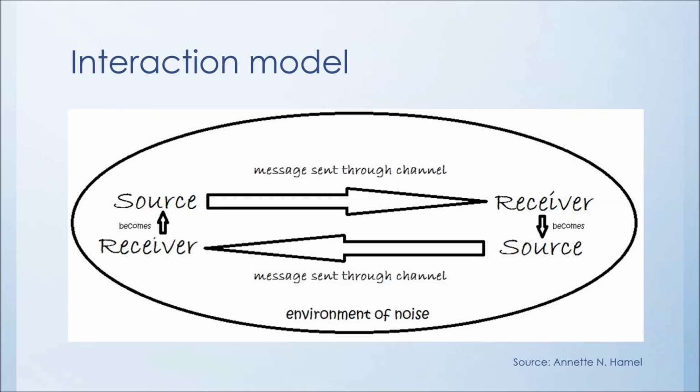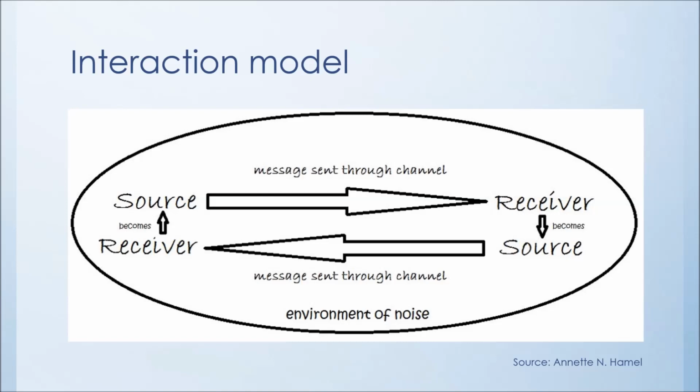The source is sending a message to a receiver. But then the receiver becomes a source and sends a message back. Person A sends a message to B, then B sends a message to A. Back and forth, back and forth.